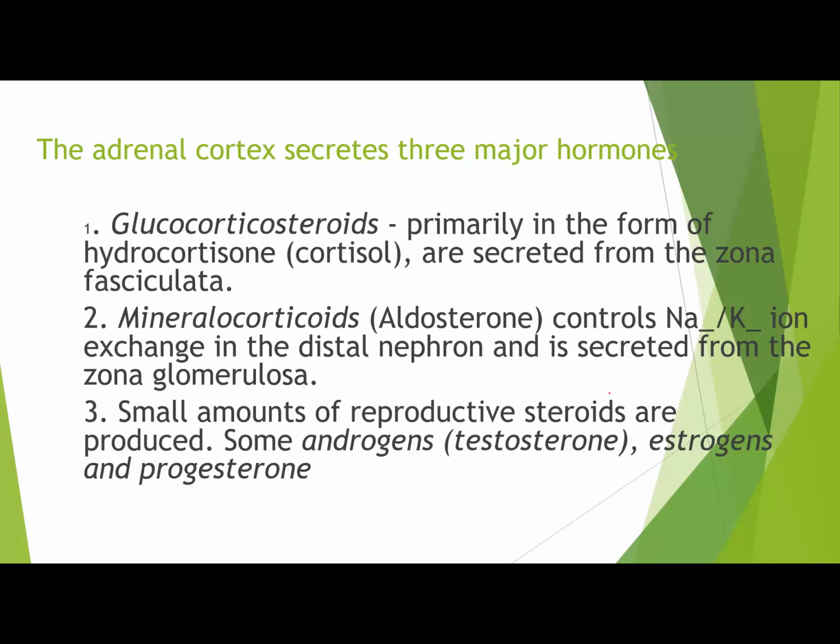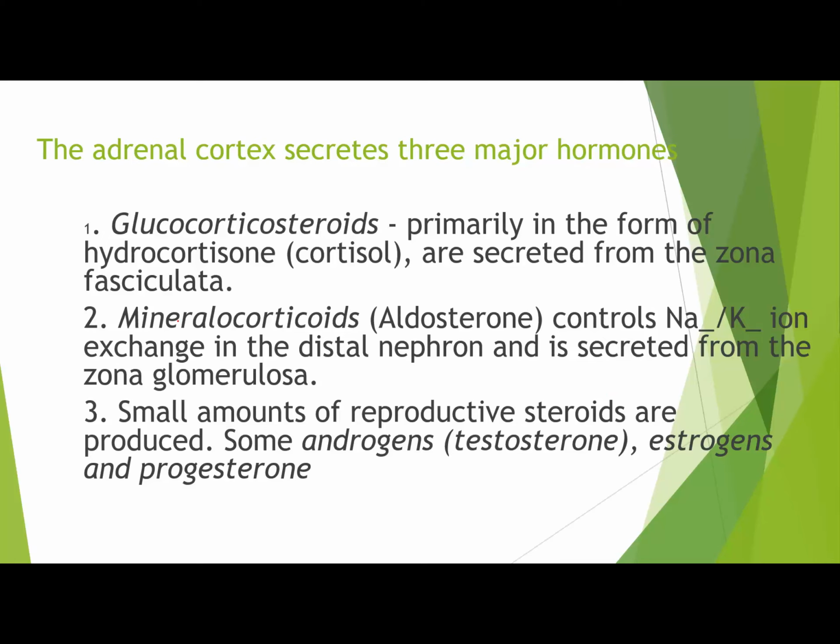Now, the glucocorticosteroids class may tatlong major hormone. Glucocorticosteroids primarily in the form of hydrocortisone or cortisol are secreted from the zona fasciculata. Then we have your mineralocorticoids or your aldosterone. So kapag glucocorticosteroids class, yan yung cortisol.